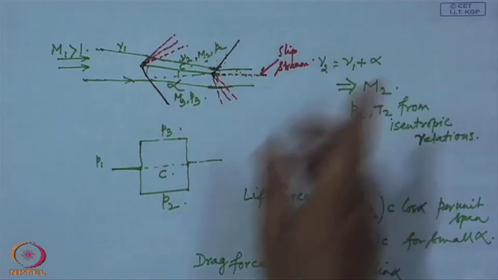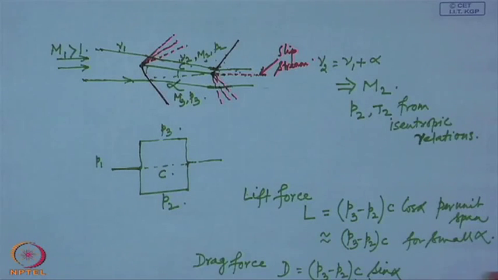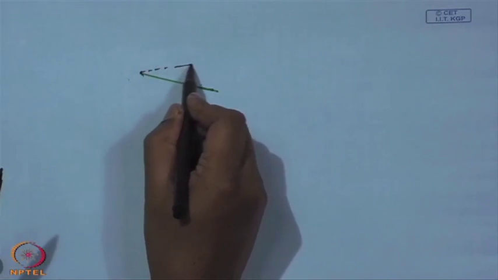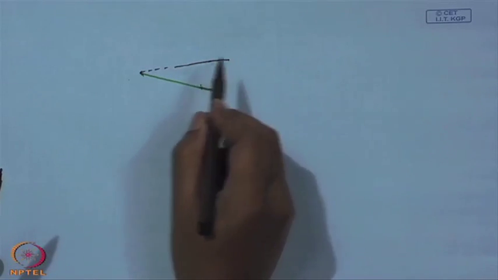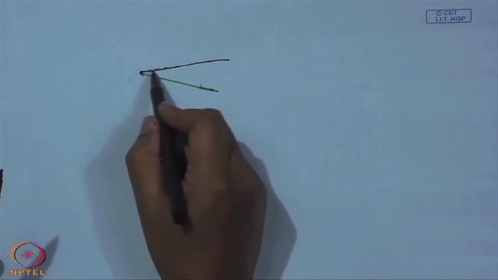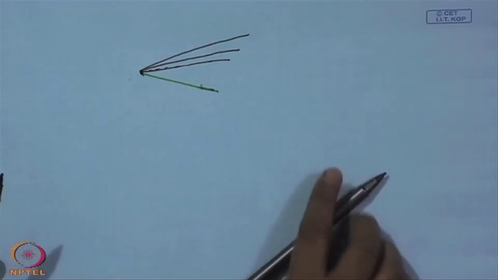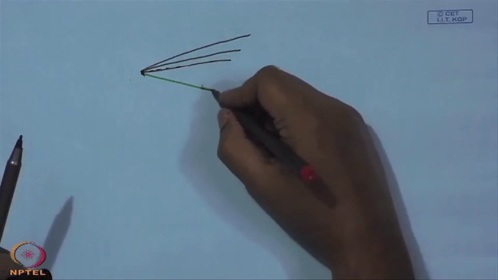Consequently, this shock may become curved and there will be a reflected flow pattern, and the far field flow pattern is likely to be such that the shock is likely to be curved.